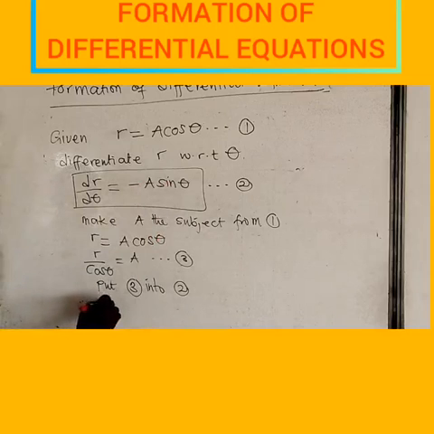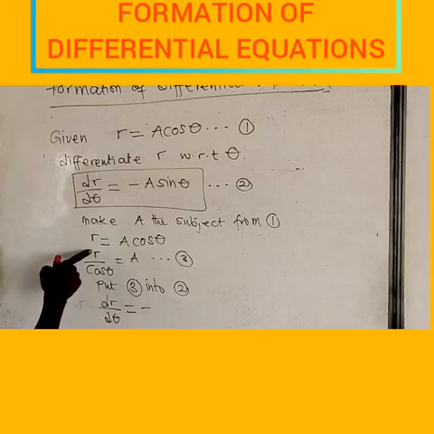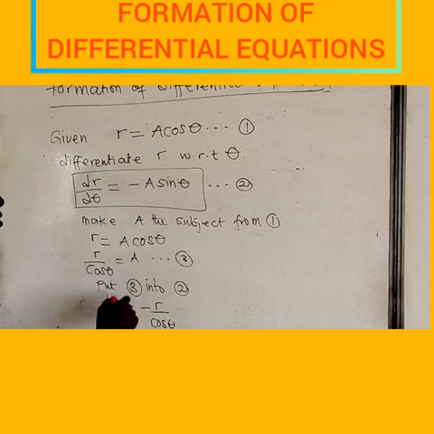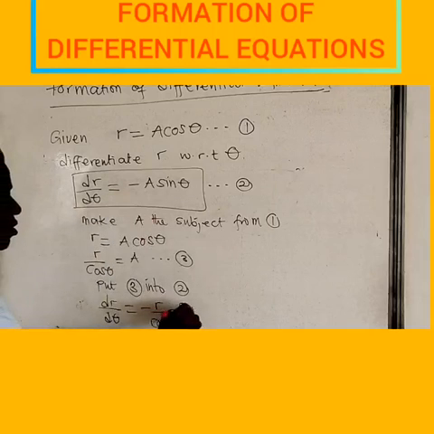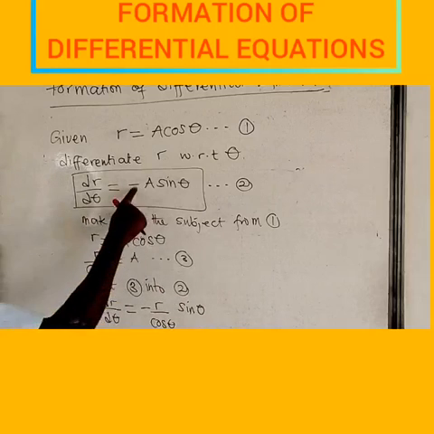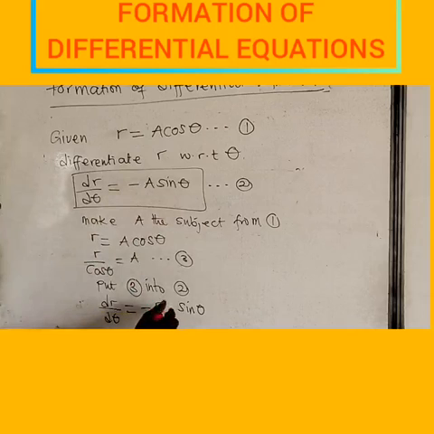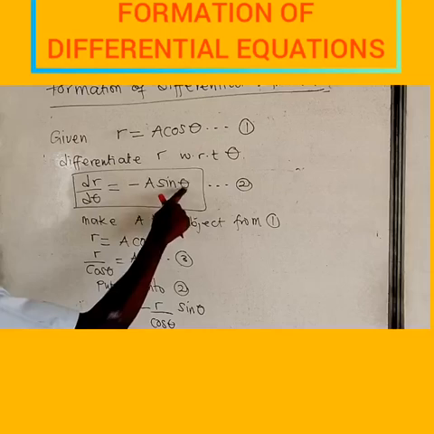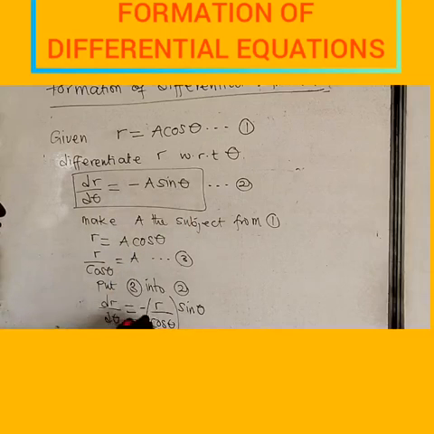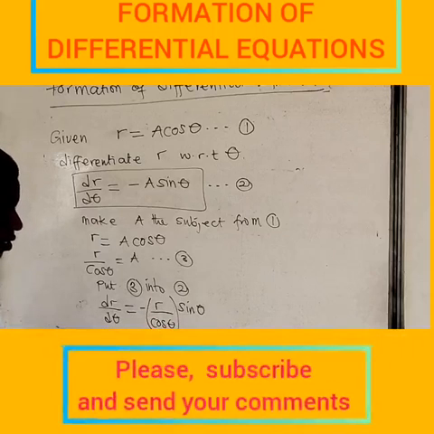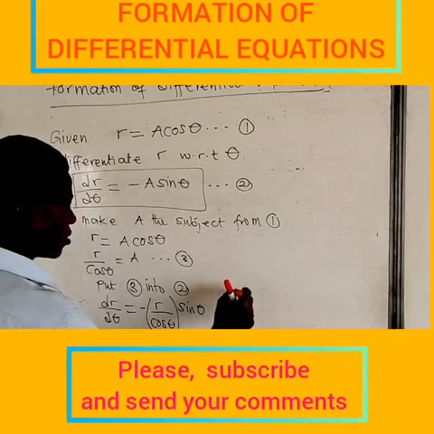So we have dr over d theta is equal to negative a sine theta, where a is r over cos theta. So this is negative r over cos theta times sine theta. Now we learned that sine theta over cos theta is equal to tan theta.